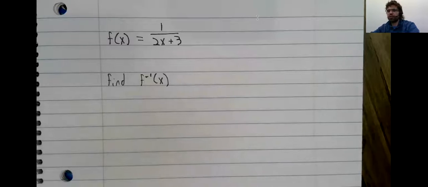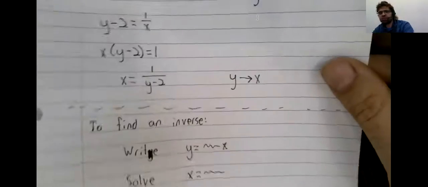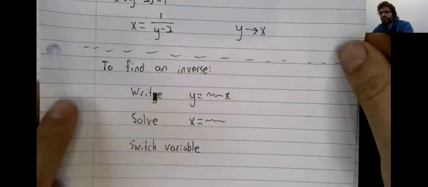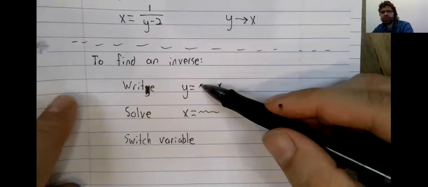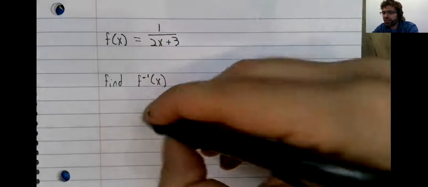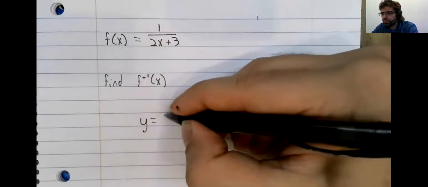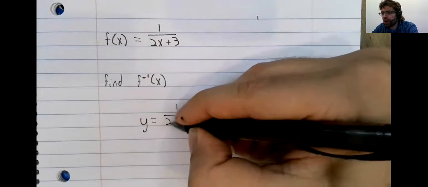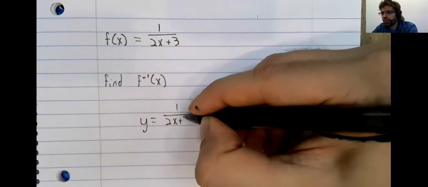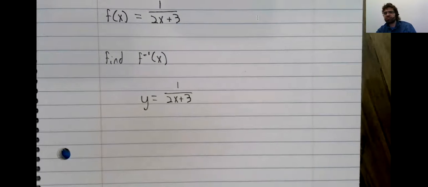So, we'll follow these steps that I've laid out. We are not going to use function notation until the very end. Let's write y equals 1 divided by 2x plus 3.